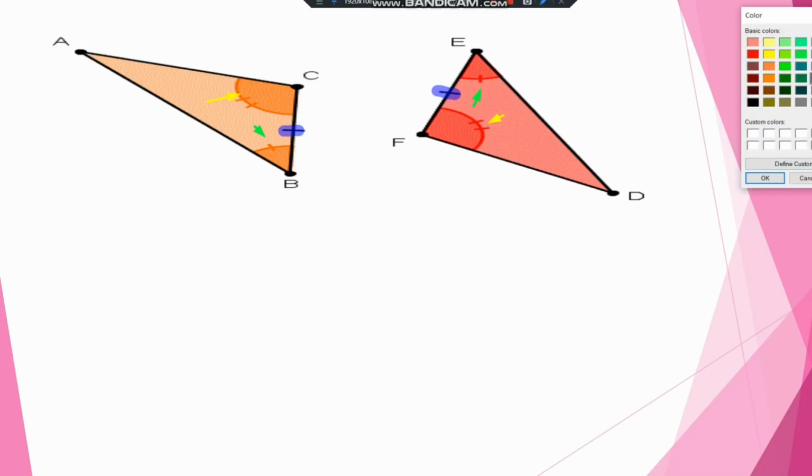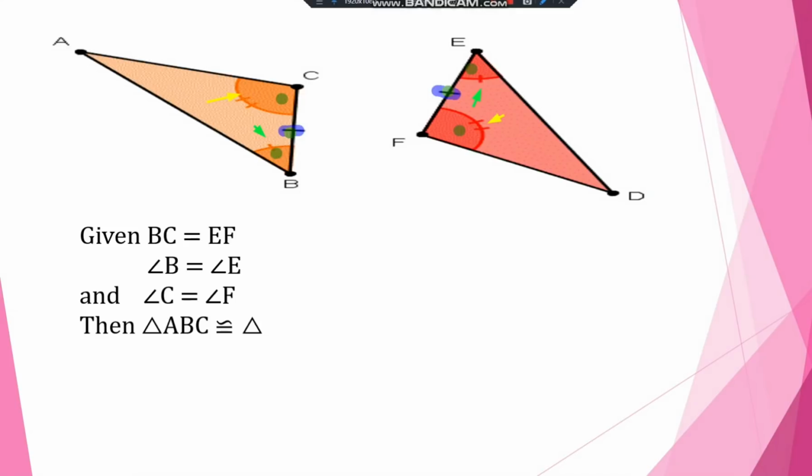Now can you tell by which criteria they are congruent? If you named ASA, you are correct. So here it is by ASA they are congruent. So let us see how. One is this A, then S, then A. Here A, S, and then A. So by ASA they are congruent.